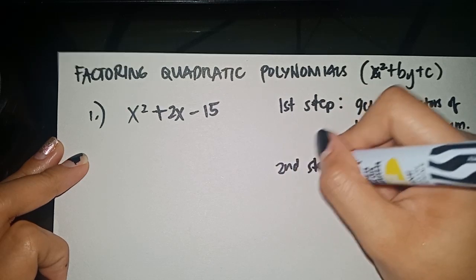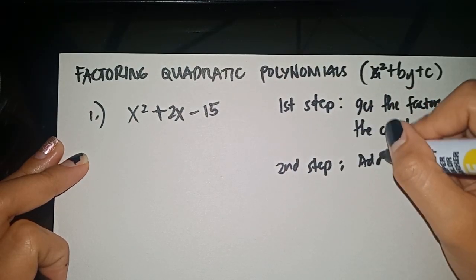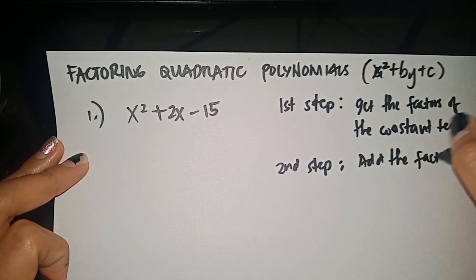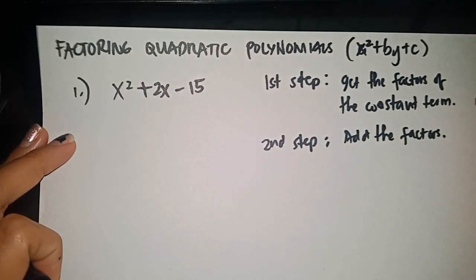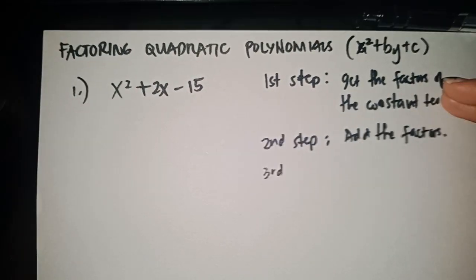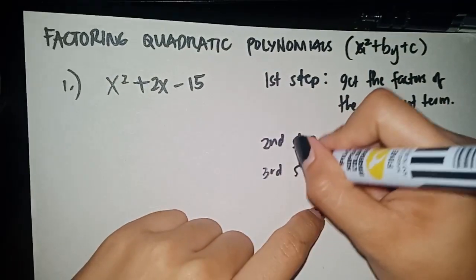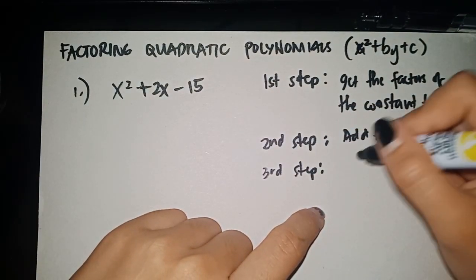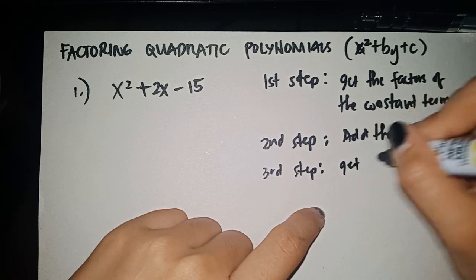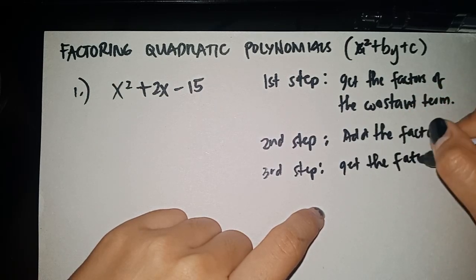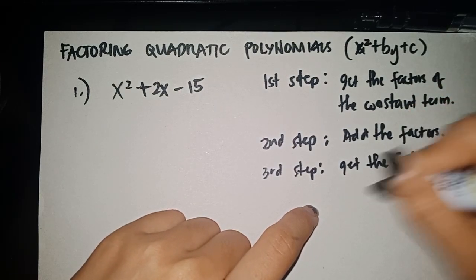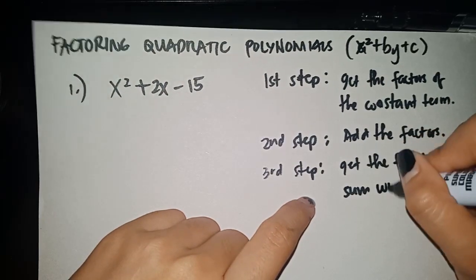For the second step, from the factors, you have to get the sum. Now for the third step, get the factors whose sum is equal to the middle term.